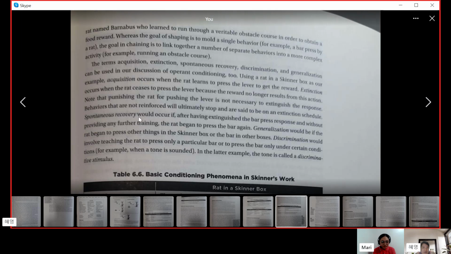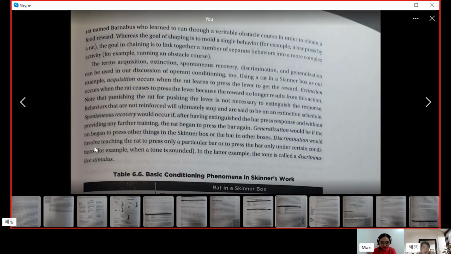Spontaneous recovery would occur if, after having extinguished the bar press response and without providing any further training, the rat began to press the bar again. Generalization would be if the rat began to press other things in the Skinner box or the bar in other boxes.